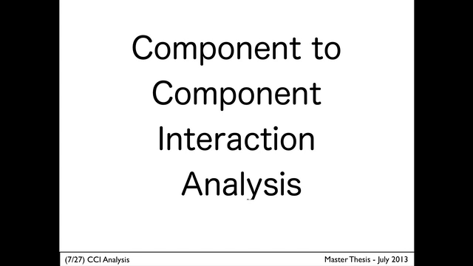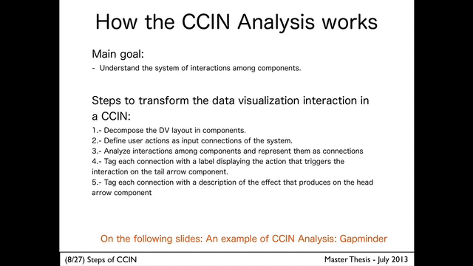This was the state of the art up to here. Now I'll start with a more detailed specification of the component-to-component interaction analysis. I created a method to visualize analysis of component-to-component interaction. The main goal is to represent the system of interaction among components in a network.